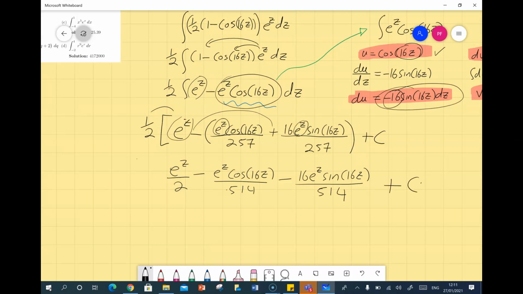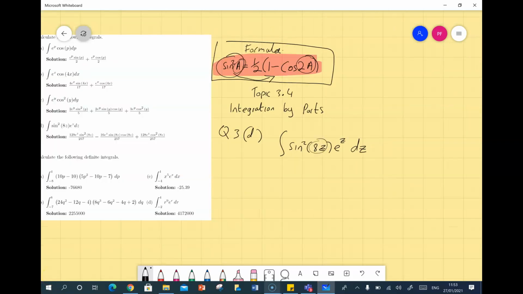So it's a complex integral, okay? But it just gets very, very messy and long. This speeds the process up a bit.